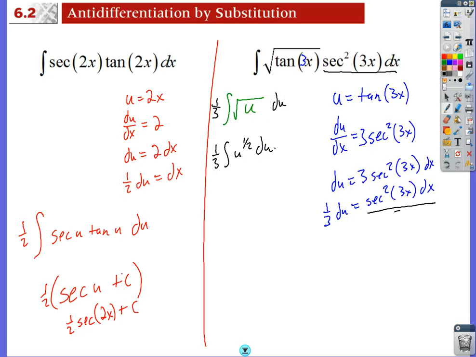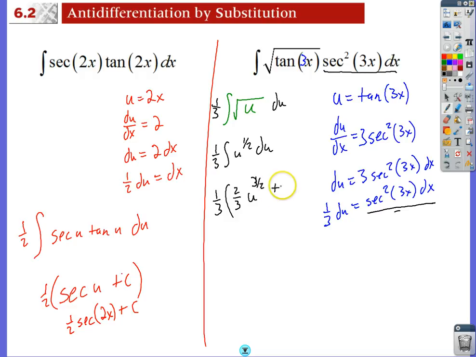And now I use that whole power rule that's up there, okay? And I have 1/3 times. All right, so add 1 to the power. 1/2 plus 1 is 3/2. Divide by 3/2. Well, that's the same thing as multiplying by a 2/3.